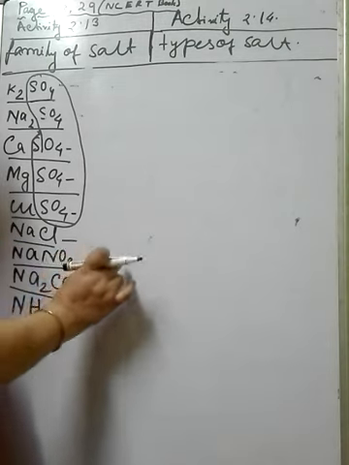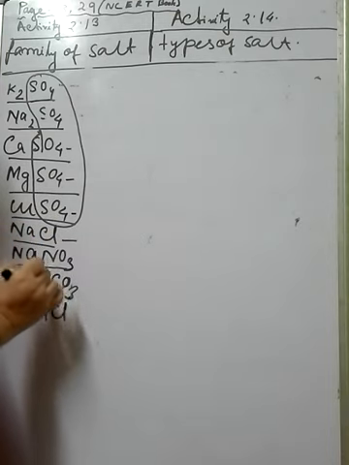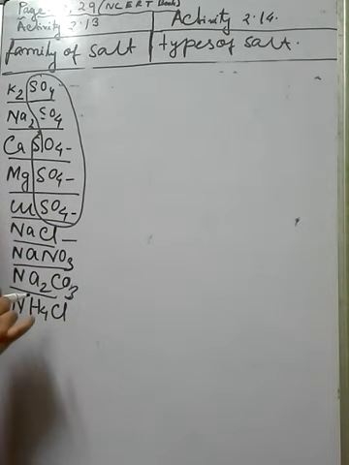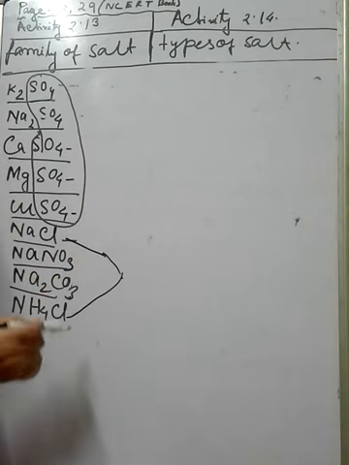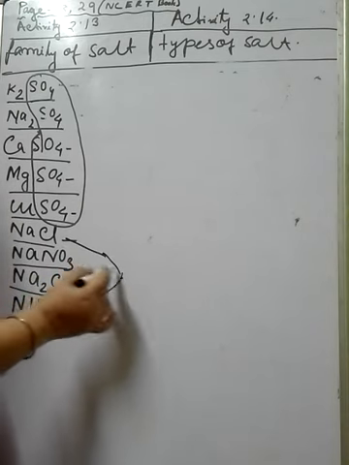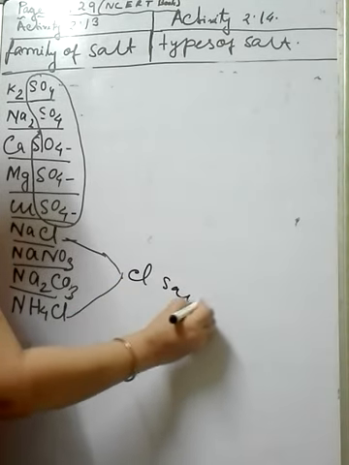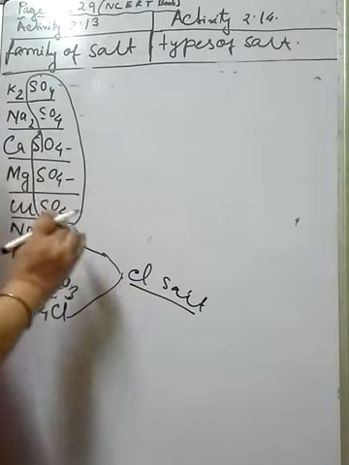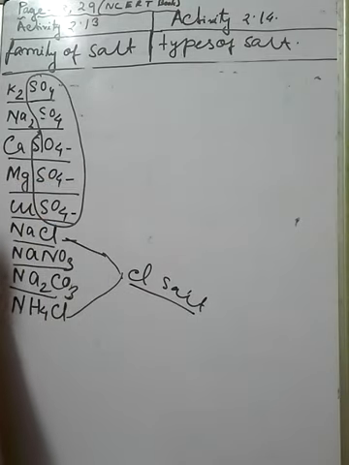If anybody asks you to give one example of a sodium salt, we can write any one of these. Again we can group in this way: sodium chloride and ammonium chloride belong to chloride salts. In this way we can classify salts in the form of a family of salt.